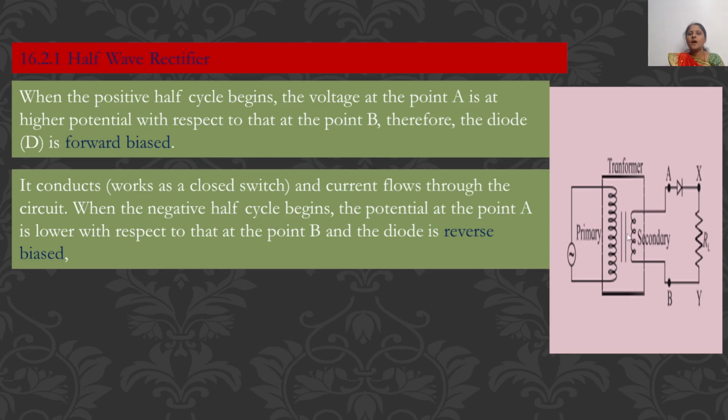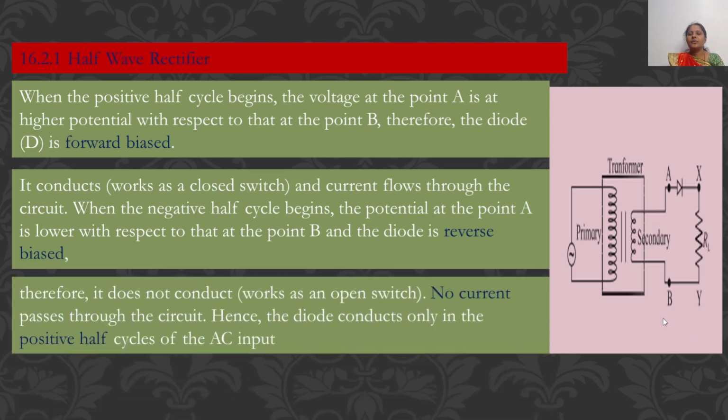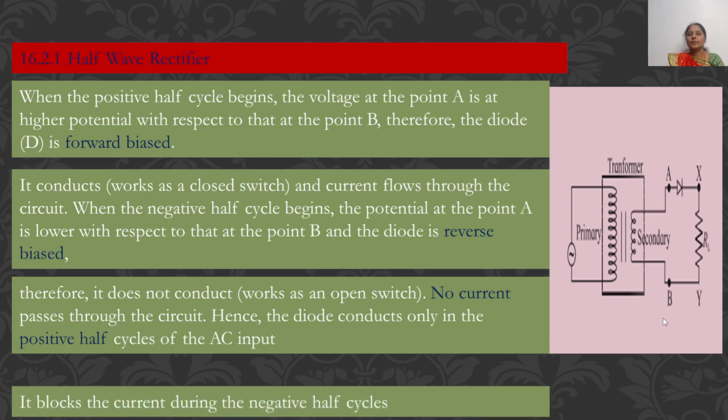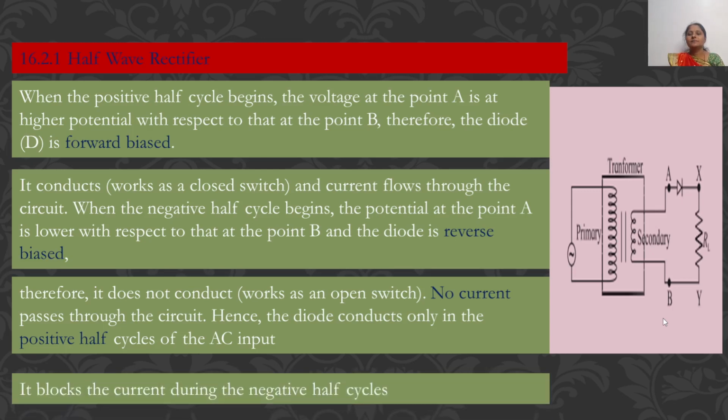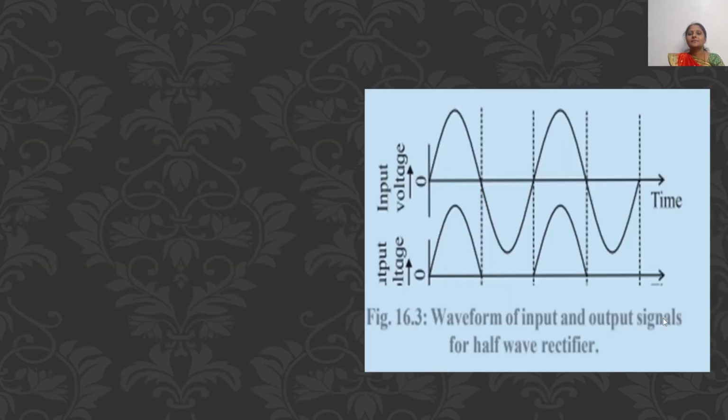When the negative half cycle begins, the potential at point A is lower with respect to B and the diode is reverse biased. Therefore, it does not conduct, and no current passes through the circuit. Hence, the diode conducts only in the positive half cycle of the AC input. It blocks the current during the negative half cycle.